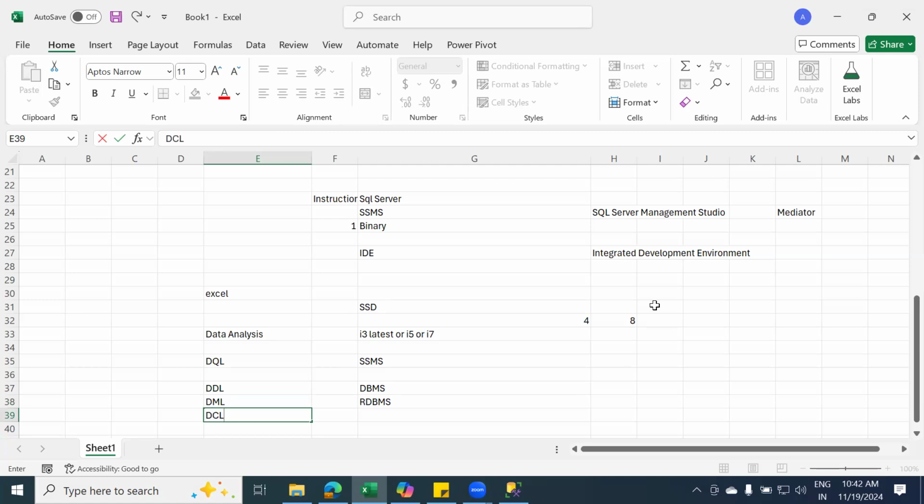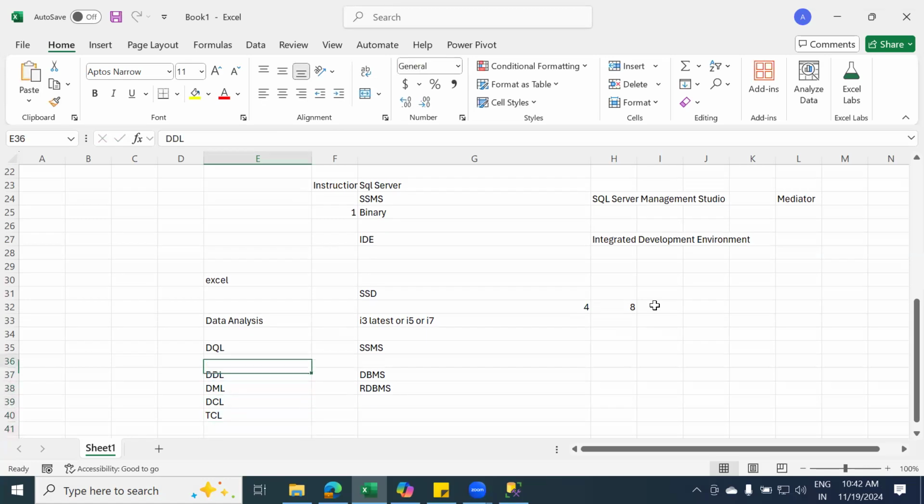We will understand what they are, and TCL also, but we will not spare much time. The focus will always be on DQL, because a data analyst will not be involved in database administration activities. That's the reason we will not get into DDL and DML. In this course, the main focus will be on DQL.